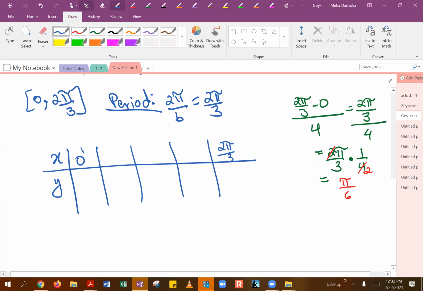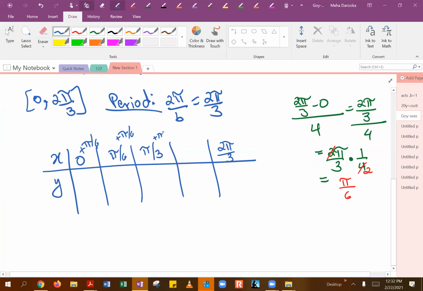So 0 plus pi over 6 is pi over 6. And then, keep adding pi over 6. So this will become 2 pi over 6 or pi over 3. Very nice, Abdul Aziz.